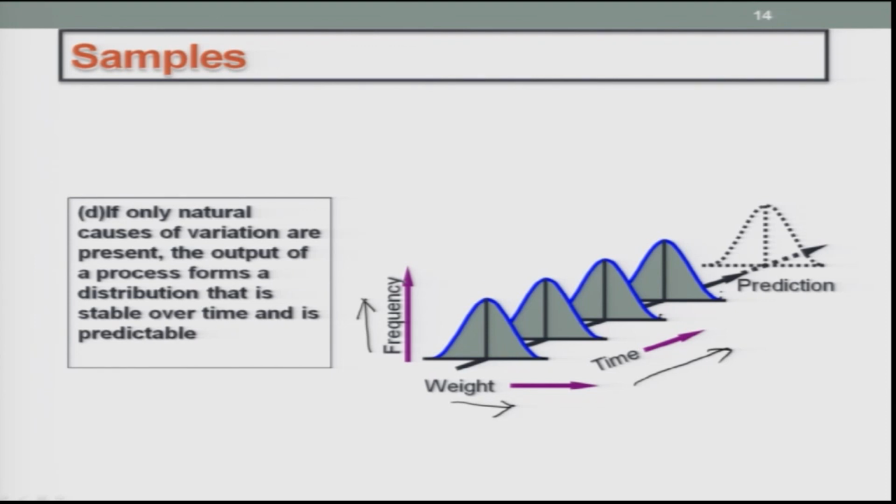So, if there is no variability, the output process forms a distribution which is stable over time, it will look exactly like this. Stable means the mean values, the shape, and the dispersion are not changing, and if at all the dispersions are changing, I will try to draw on a scale of 3 dimensions.